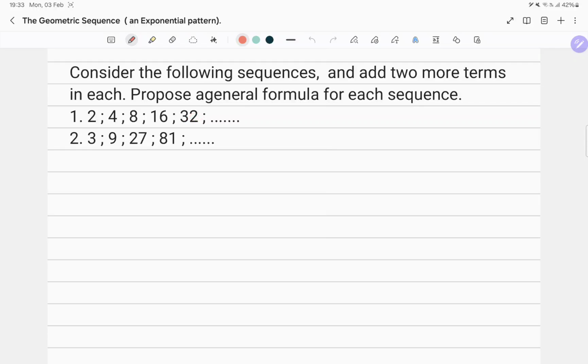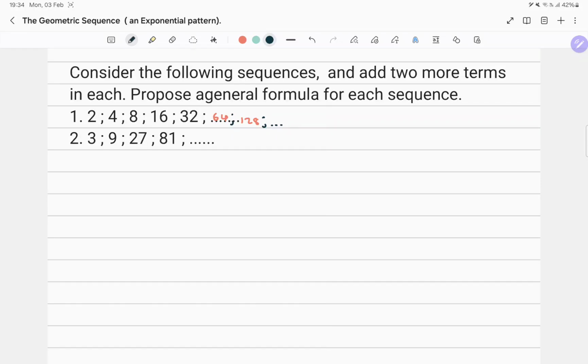So we can clearly see that we simply are multiplying by a common multiplier to each term to get the next. So we can easily say 32 times 2, which gives us 64. Okay? And we say 64 by 2, that's 128. Okay?